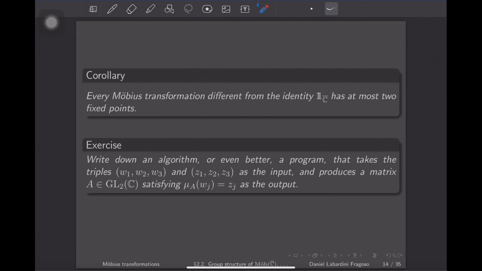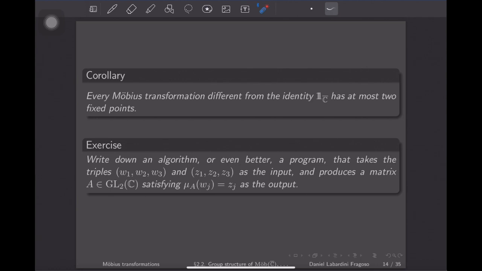Exactly one. And I know one that does that, which is the identity. So if a Möbius transformation fixes 3 different points, then it's automatically the identity. That means that if you give me a non-identity Möbius transformation, it has at most 2 fixed points. A third fixed point would tell me it's the identity.